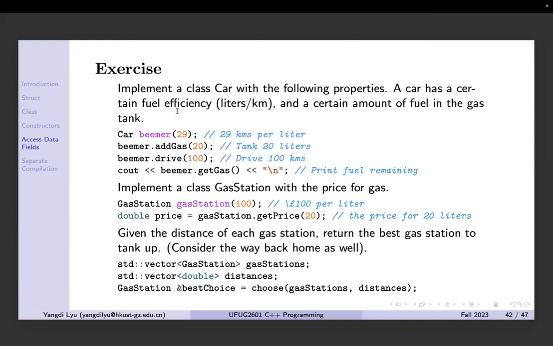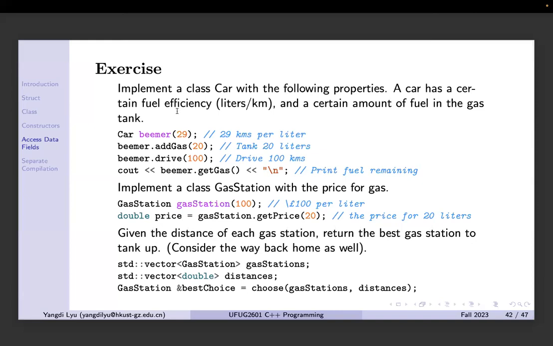You have a distance from your current position to each gas station, and each gas station has a price, and you can write a function to choose which gas station is your best choice. This would be a little complex, but it's closer to real life problems, right?